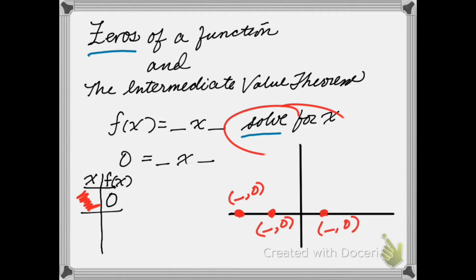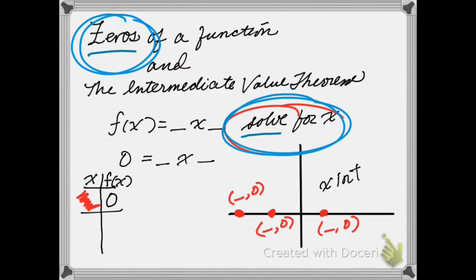So in a function, wherever y equals 0, I'm going to have an x-intercept. So now we have another thing that is synonymous: x-intercept. These all work together: the zeros, solving for x, and the x-intercept. Those are all about synonymous, and we're going to use different ones in different contexts. So these are the zeros of a function.